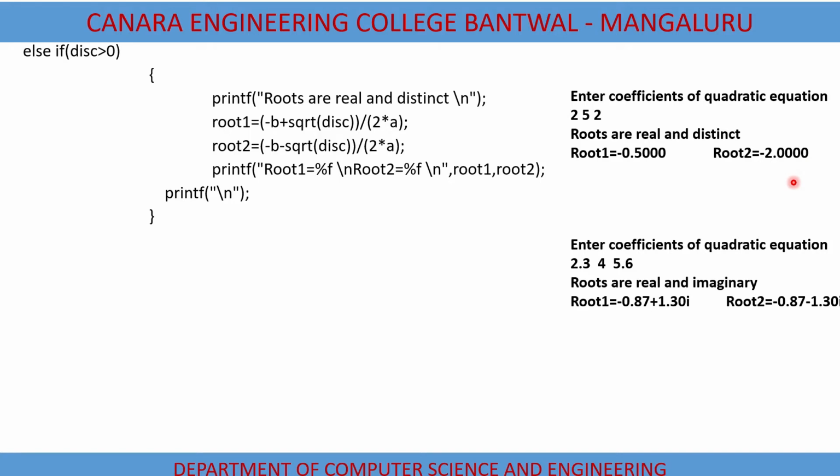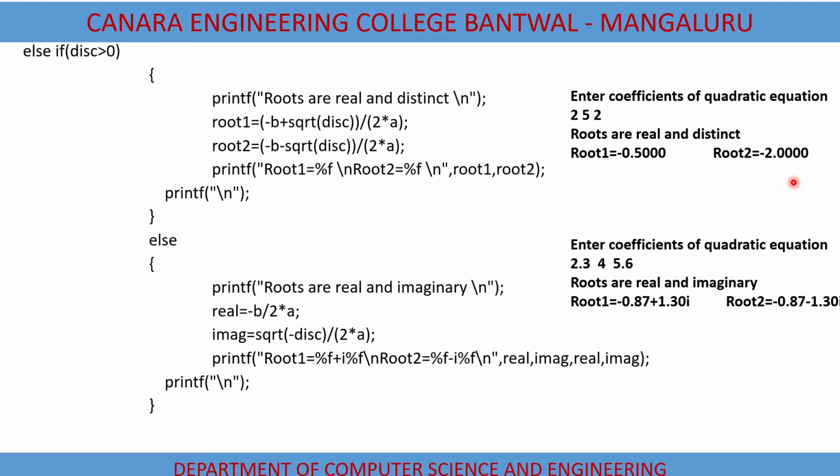Now we'll take one more example, and we'll enter the coefficient values 2.3, 4 and 5.6. Again we'll start from the beginning. We'll check whether A is equal to 0, B is equal to 0, the condition is false. Then we are checking whether A is equal to 0, that is also false. Then we go to the else part, and again we calculate the discriminant value.